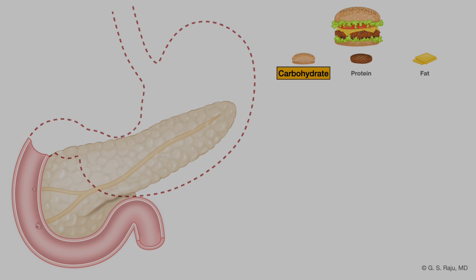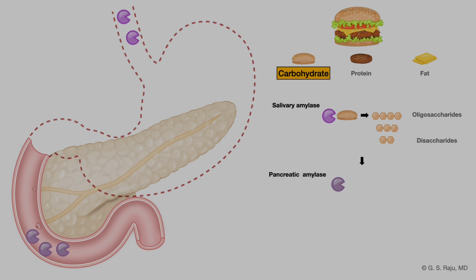And the digestion of carbohydrate starts in the mouth from the salivary secretions, salivary amylase that actually starts digesting the starch in the bun. And salivary amylase breaks down the starch into oligosaccharides and disaccharides. And as the food goes down, nothing happens in the stomach. And then the next step in the digestion happens from the pancreatic amylase.